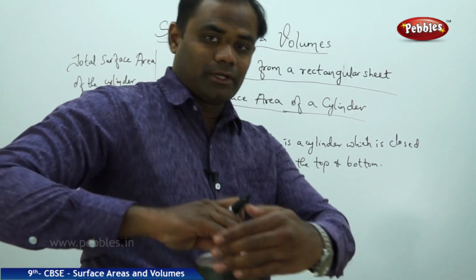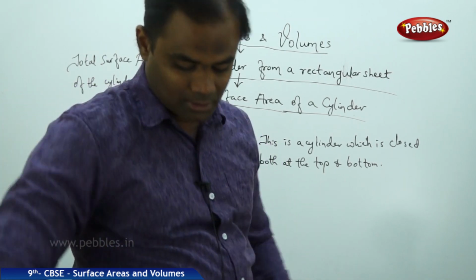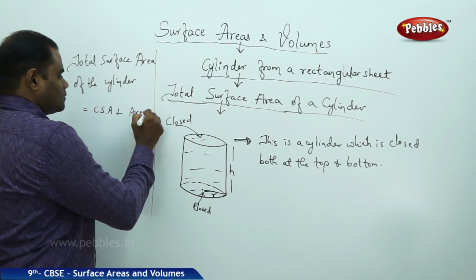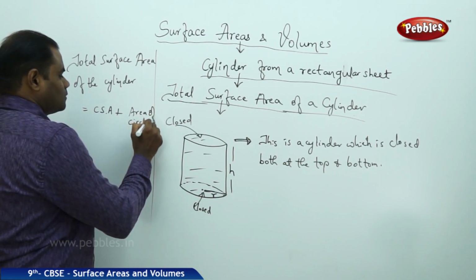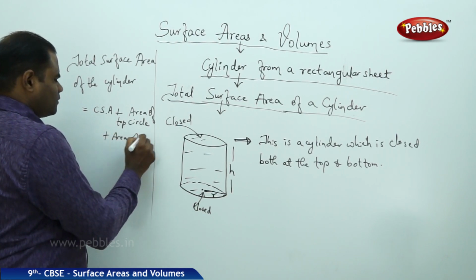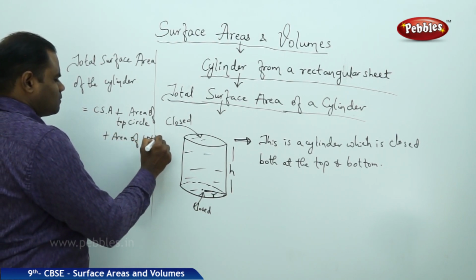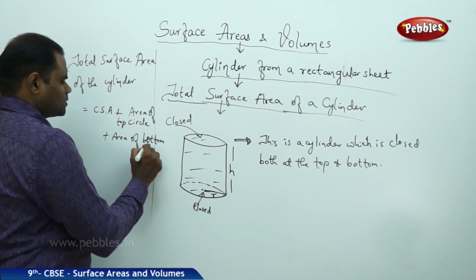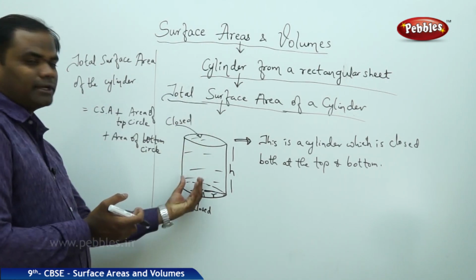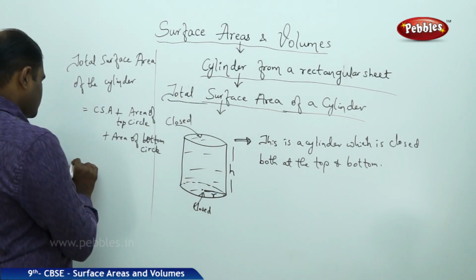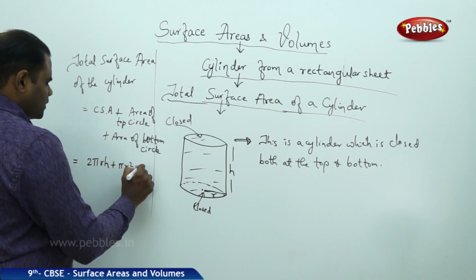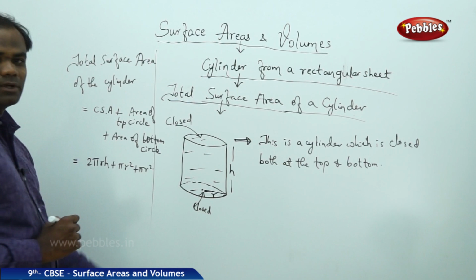So we include all three regions: the curved part plus the area of the top circle and the area of the bottom circle. So I get 2 pi r h plus pi r square plus pi r square.